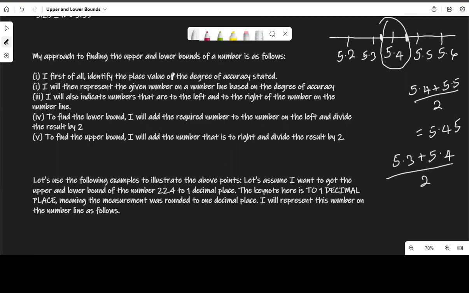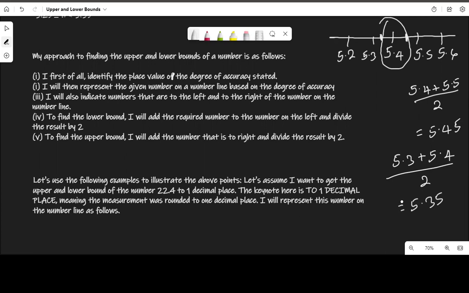Using a calculator to make it easier, that is 5.35. So this is the easiest way to get the upper and the lower bound of a number.